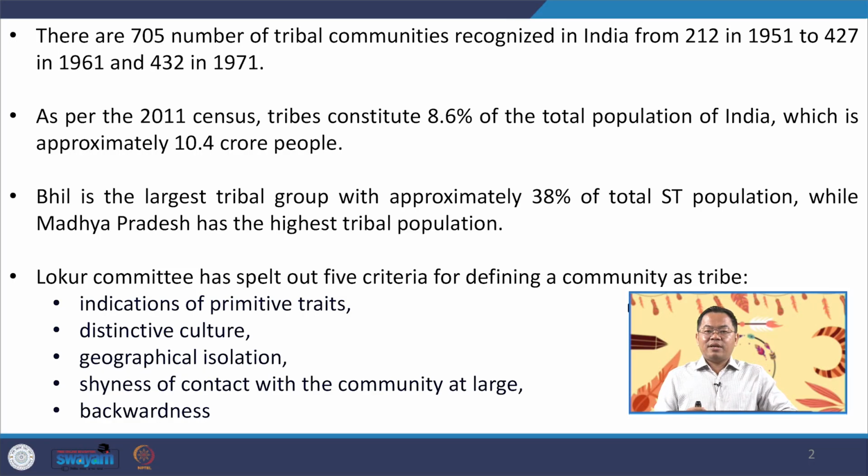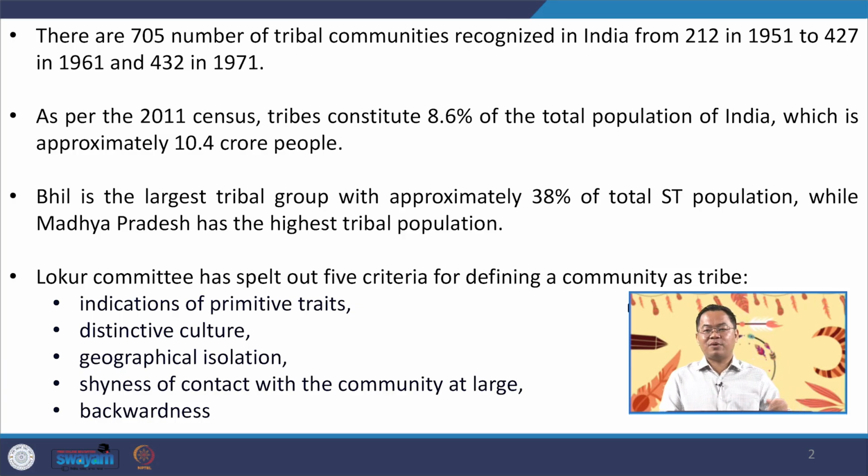Now, it is only the President who can give assent to whether a community should be recognized as a scheduled tribe or not. If you look at the numbers today, there are 705 communities recognized as scheduled tribes. But if you look back at the last 75 years of India's independence, you will see that the number of communities recognized as tribes has grown significantly.